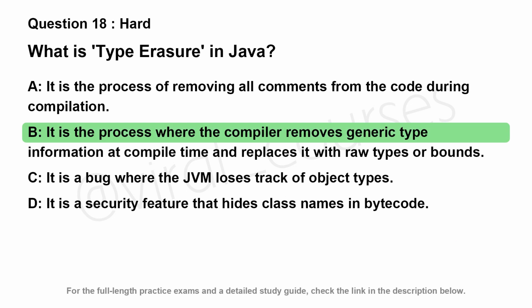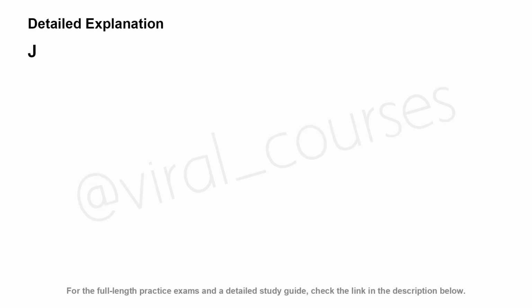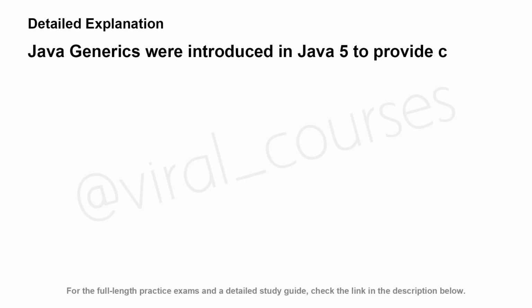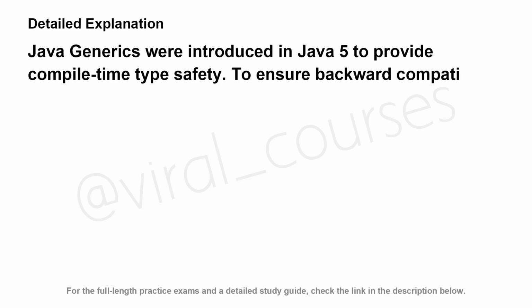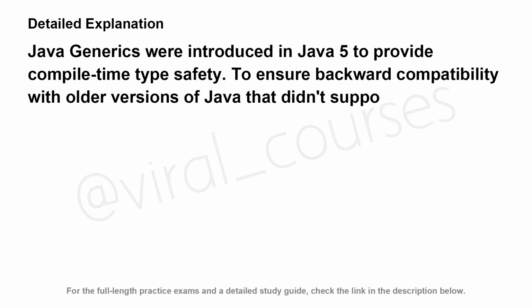The correct answer is B. Java generics were introduced in Java 5 to provide compile time type safety, while ensuring backward compatibility with older versions of Java that didn't support generics. The Java compiler uses type erasure.